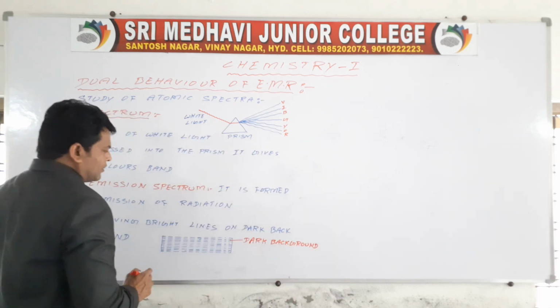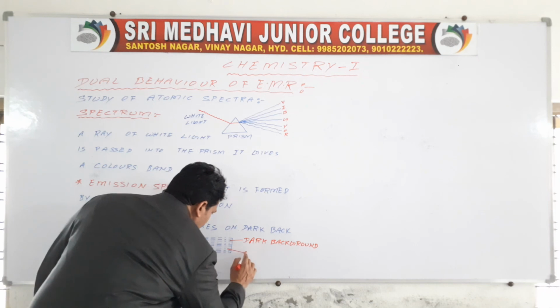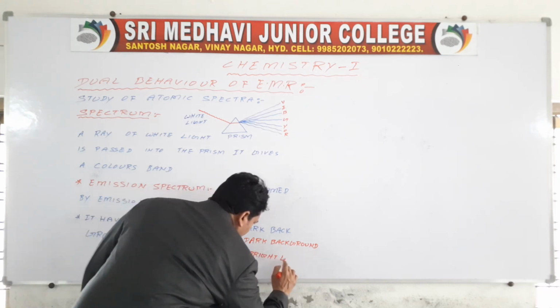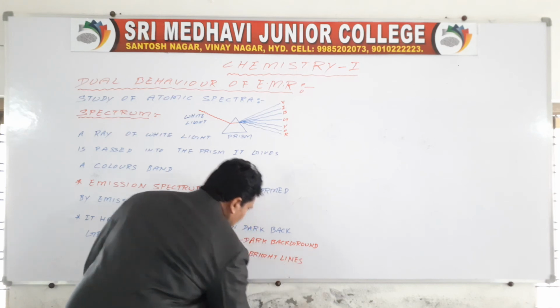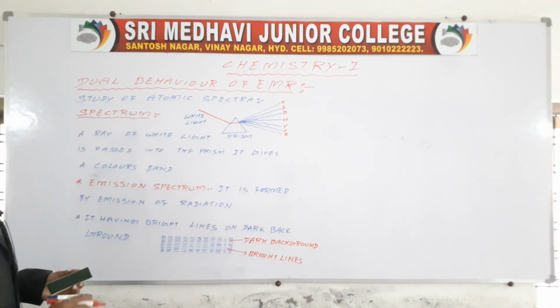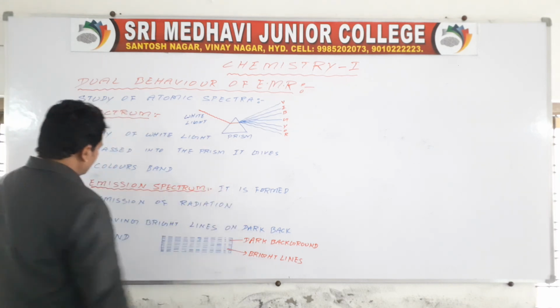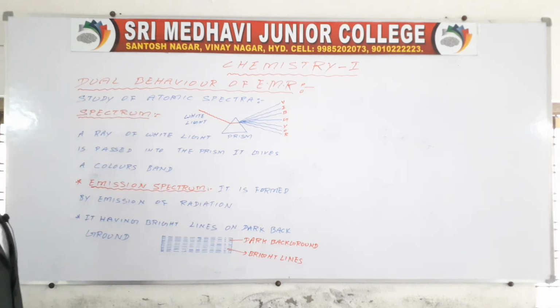These are bright lines. It is nothing but an emission spectrum.